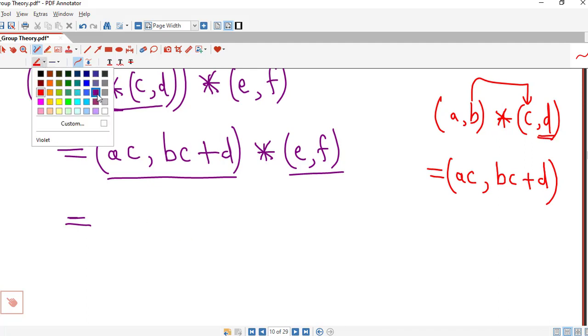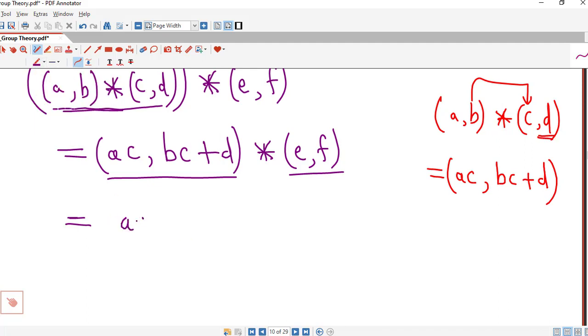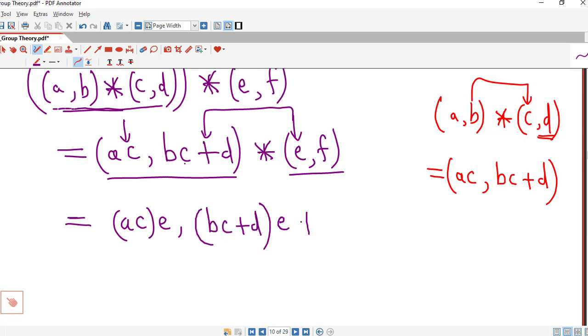So using this definition, here we will have AC into E, that is first component into first component, comma, second component into first component, that is BC plus D into E, and plus we have to add this second component.